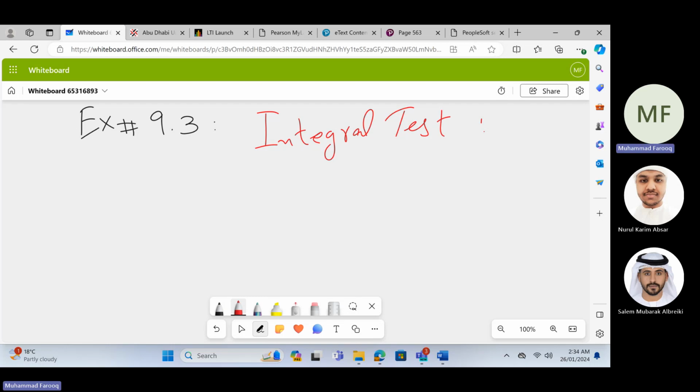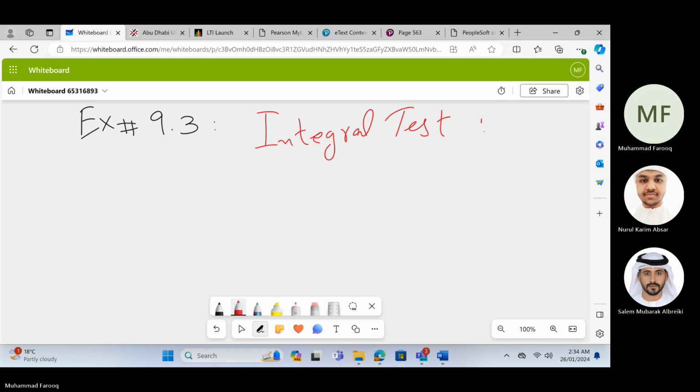When I give the rule, you will say, oh, this integration we have done already. There is no new technique of integration. It's only a procedure for how to check whether the given series converges or diverges. With the help of integration, we confirm that the series converges or diverges.